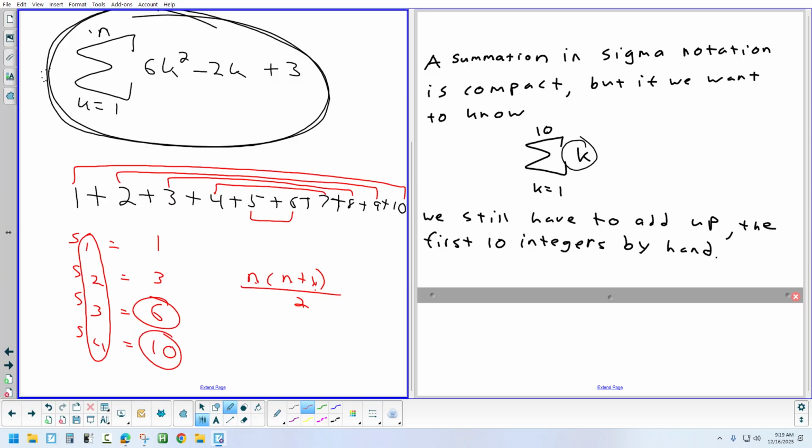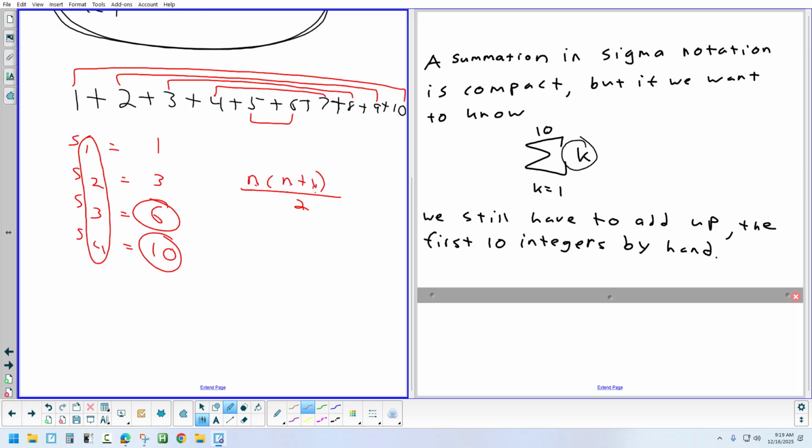So now, if you wanted to add up, let's say, the first 20 terms here, at least based on what I've shown you so far, this formula seems to do it. It would be 21 times 20 divided by 2. 20 divided by 2 is how much? 10.